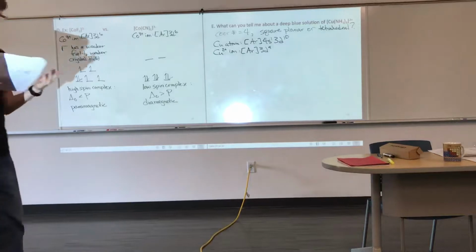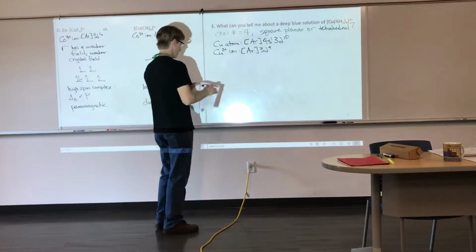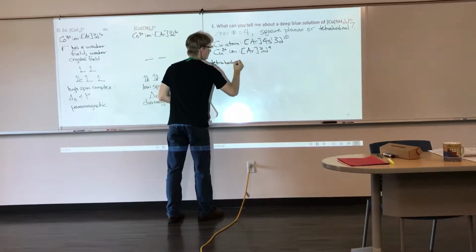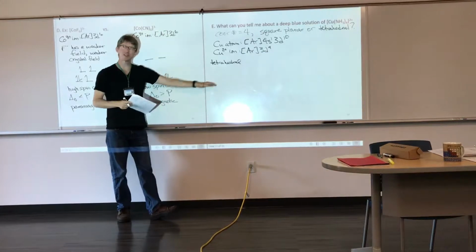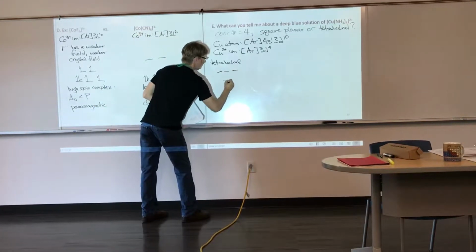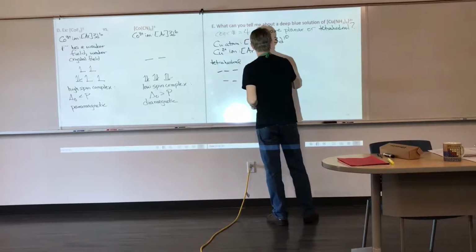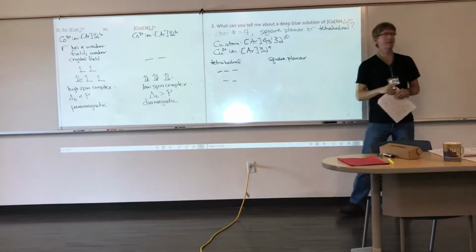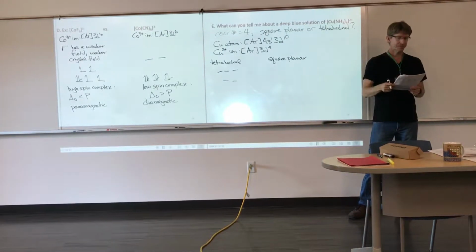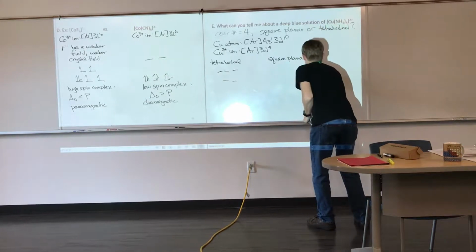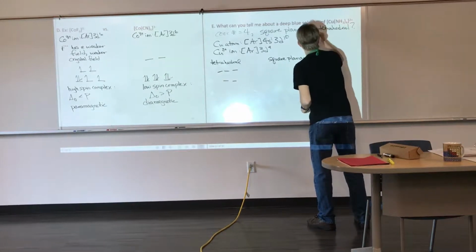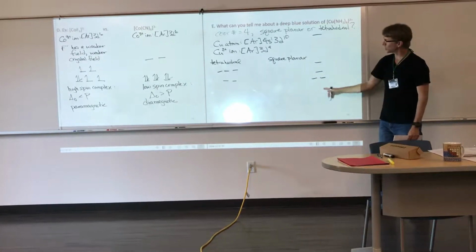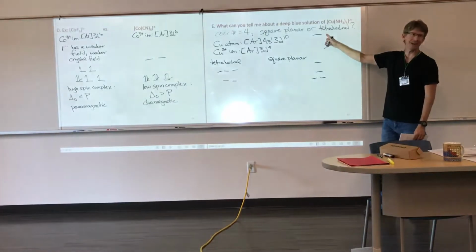Now, if you look back in your notes, and we take a second and look at the tetrahedral splitting versus the square planar splitting, you'll see that for square planar there are 4 relatively low ones and then a very high one.